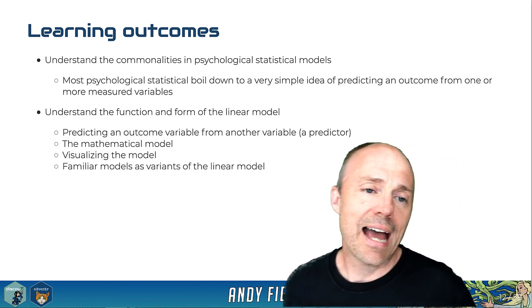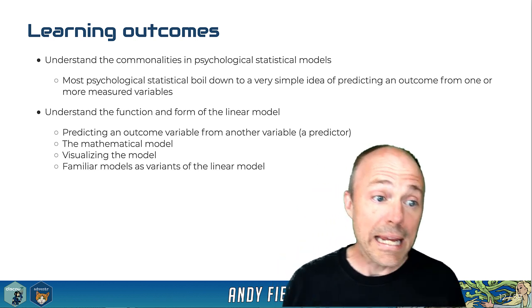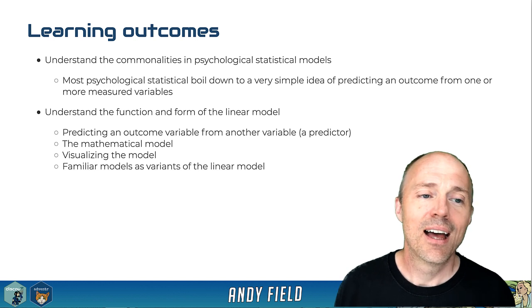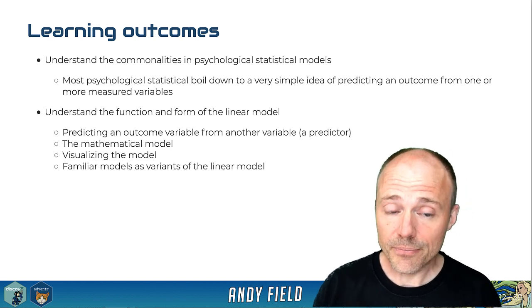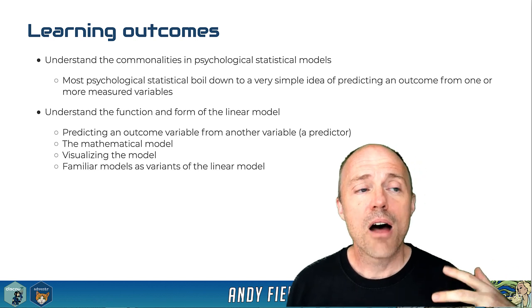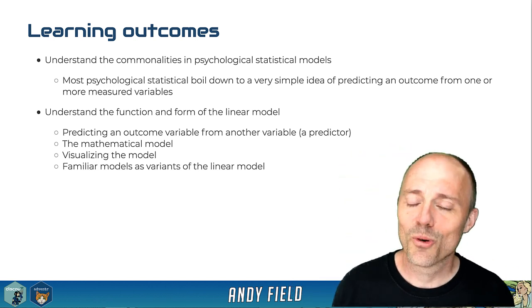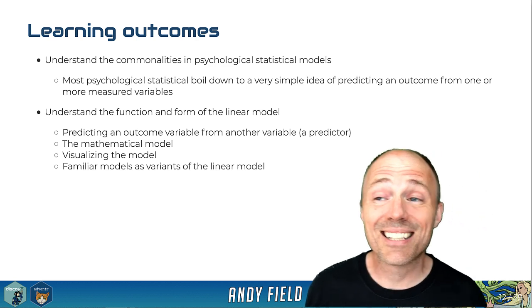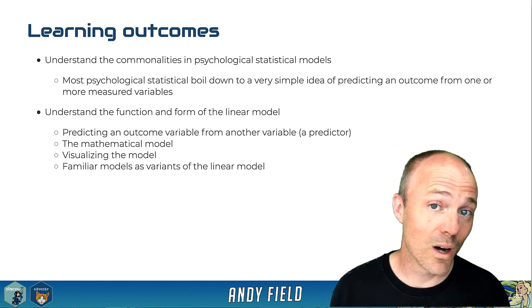We'll have a look, like I said, at the linear model. So what it is mathematically, but not in too much depth, what it looks like visually, and like I said, how other models that might be familiar to you or you might come across in your scientific reading are actually just variants of this one model.